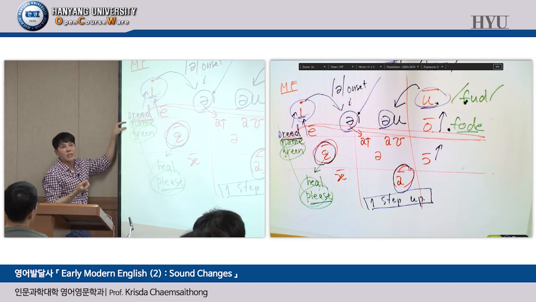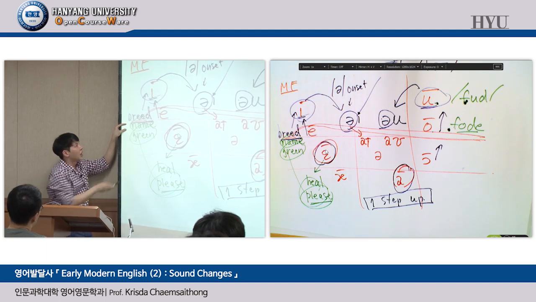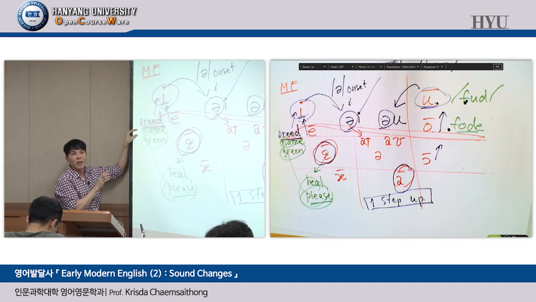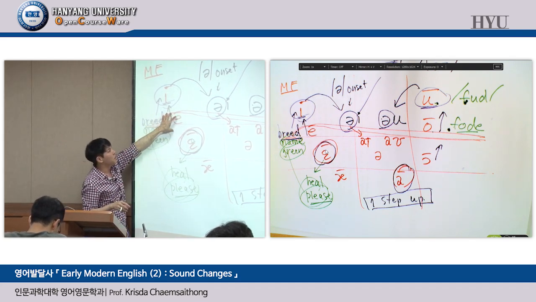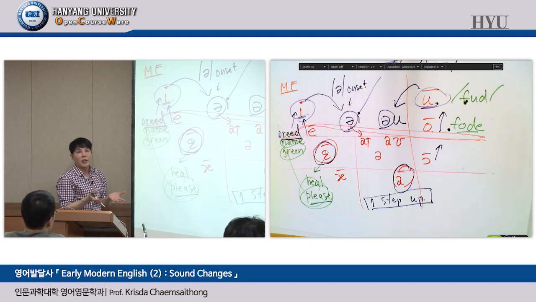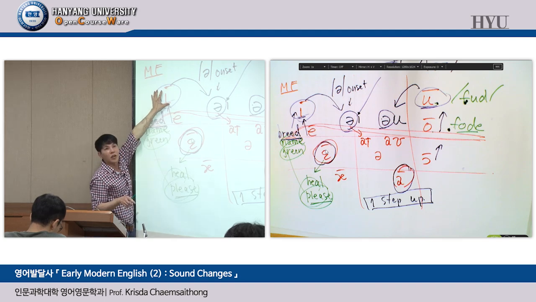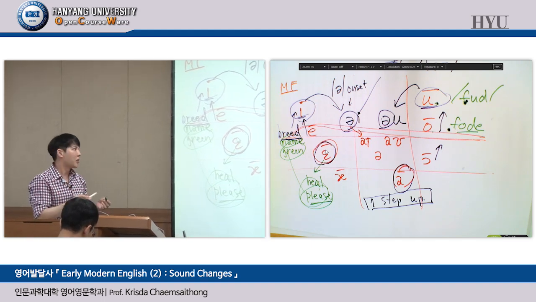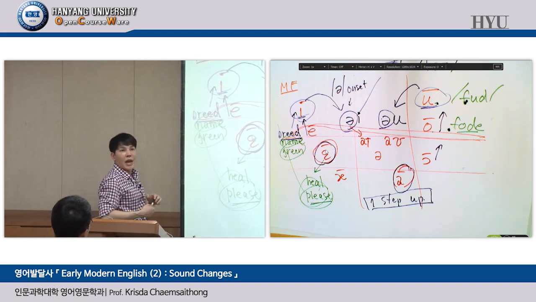So we can guess from the rhyming patterns that these words must have been pronounced using the same vowel in that period. So this means that there must be some middle stage where these words are pronounced similarly, before they end up different in the modern day period. So that's how we get the evidence of the pronunciation from the rhyming pattern, right?